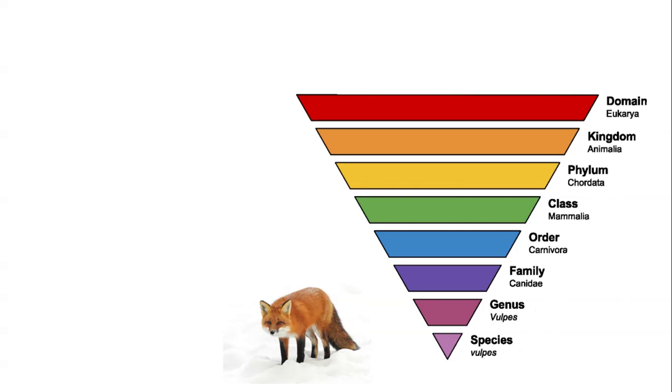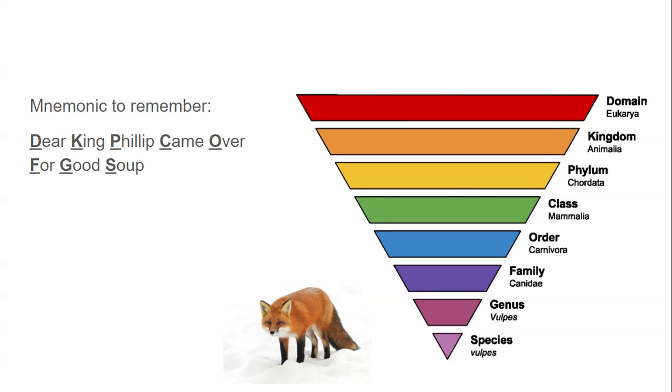And we can determine exactly what every single living organism in the world is based upon these classifications right here. There's a really good mnemonic that people use to remember the ordering of these levels. We are going to use "Dear King Philip came over for good soup." If you don't know what a mnemonic is, it's just an easy way for your brain to remember a concept that might not be easy.